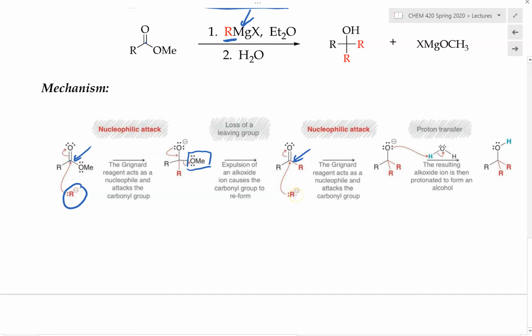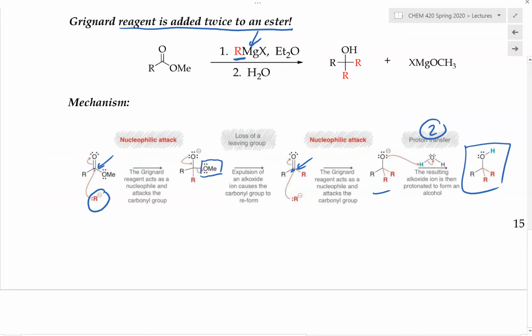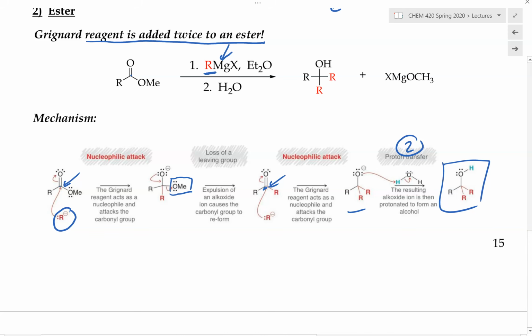Another carbanion from the Grignard reagent will do another attack on this carbonyl carbon, producing this alkoxide, followed by the protonation step. That is how we have converted this into a tertiary alcohol. So the ester would be converted into the tertiary alcohol when we treat this with the Grignard reagent.